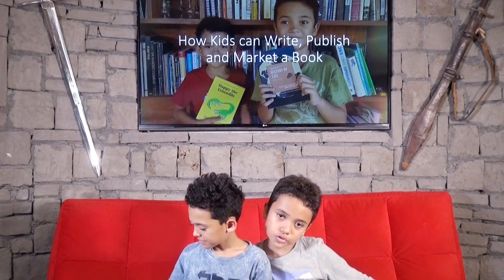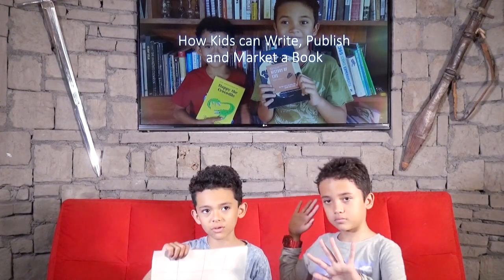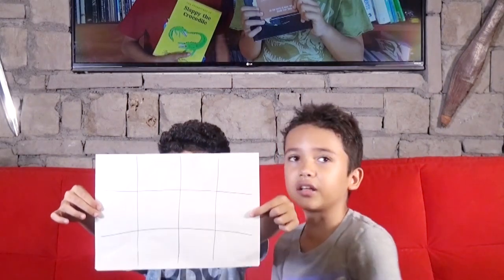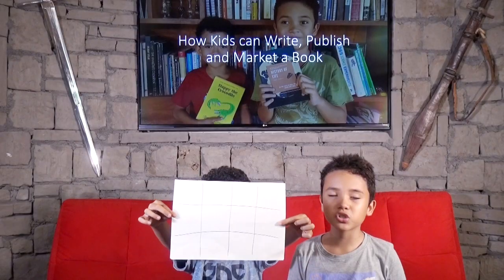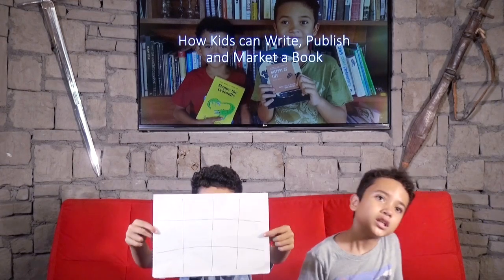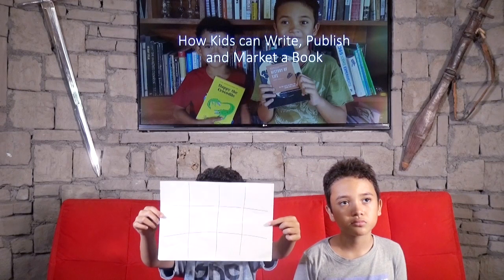And also, you can make a storyboard. You can do drawings, writing, or both. And the making is basically drawing line, line, line, line. It's a whole bunch of lines that you make into squares. In this case, 12 squares.